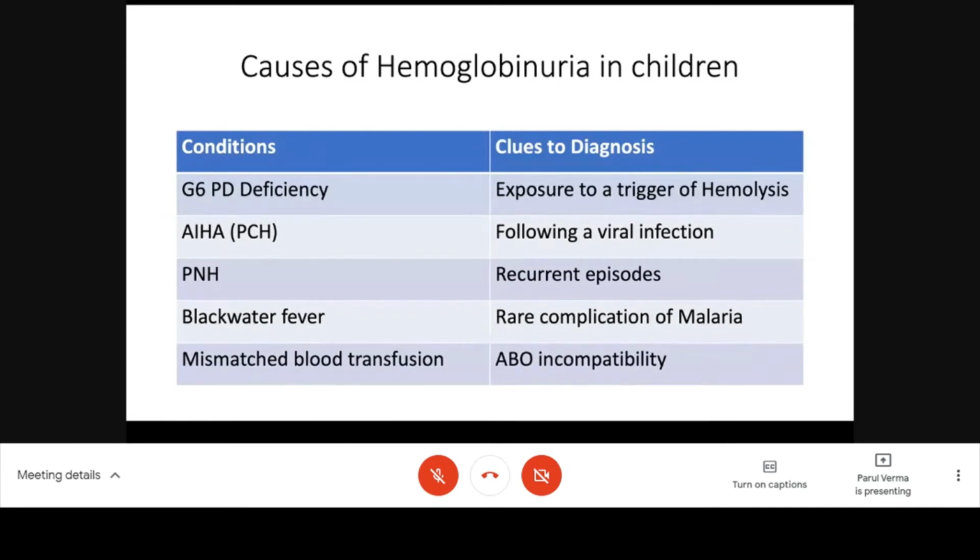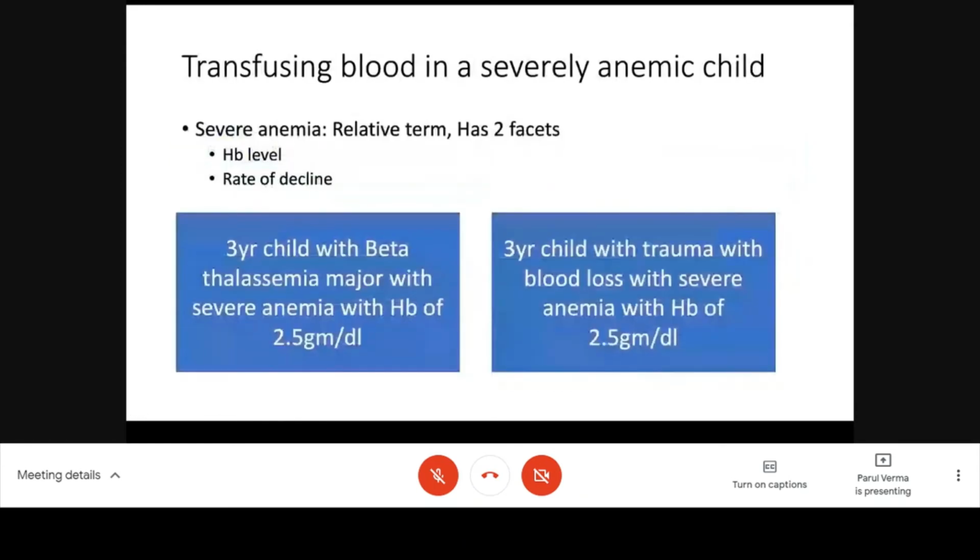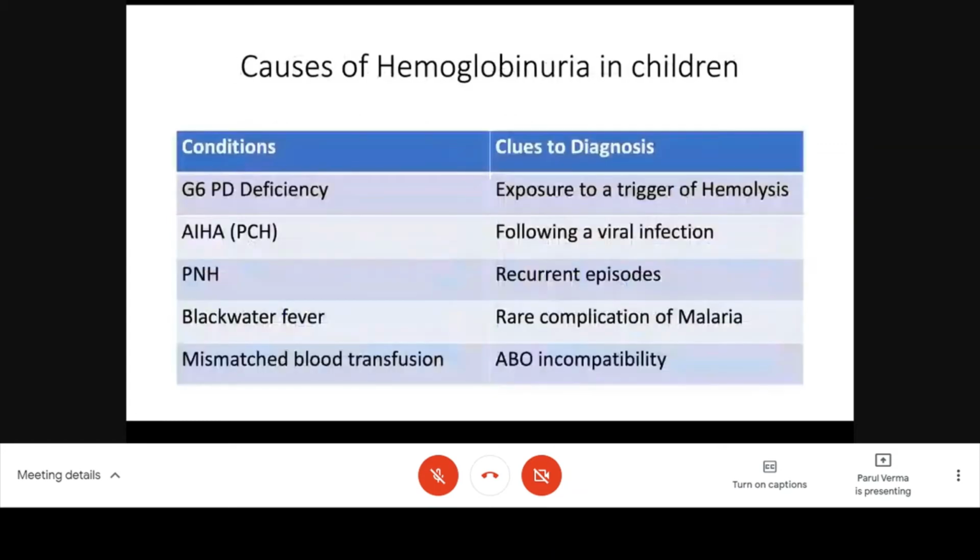About blackwater fever, Dr. Nishant, just a comment. My professor used to say that a rare presentation of a common disease is commoner than the common presentation of a rare disease.